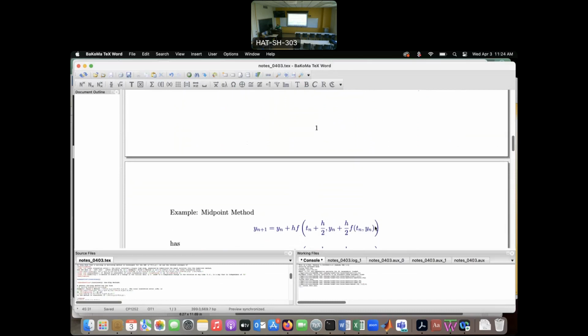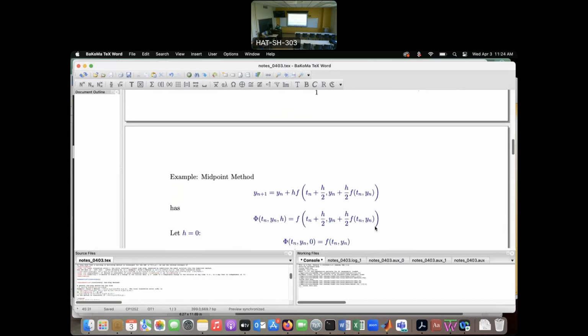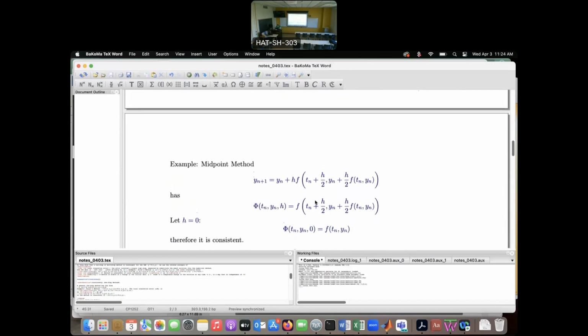So here's some examples. First, for an explicit method. Okay, here's the midpoint method, where you evaluate the time derivative at the midpoint of the interval in time, so t_n plus half a time step. And for the y argument, you use Euler's method to approximate the solution at this midpoint in time.